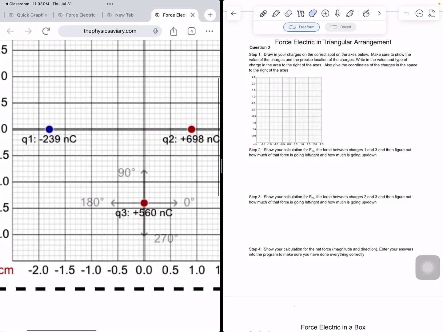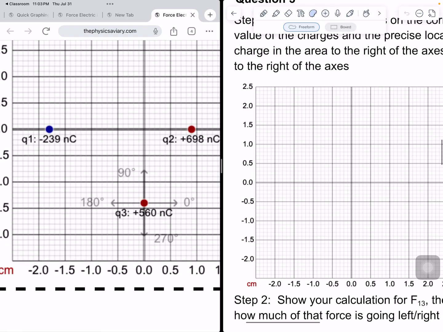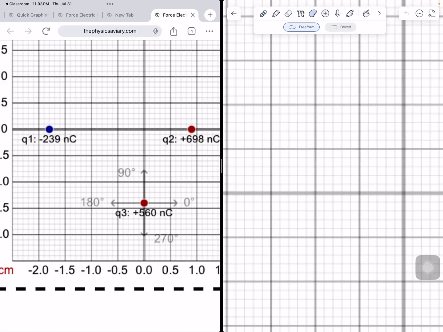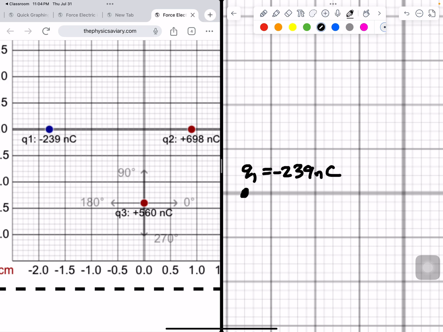Let's see, I have a charge 1 at, looks like 5, 10, 15, 18 boxes from the left. That would be here. So there's Q1. I'll write it up here. That's Q1, and that's negative 239 nanocoulombs.